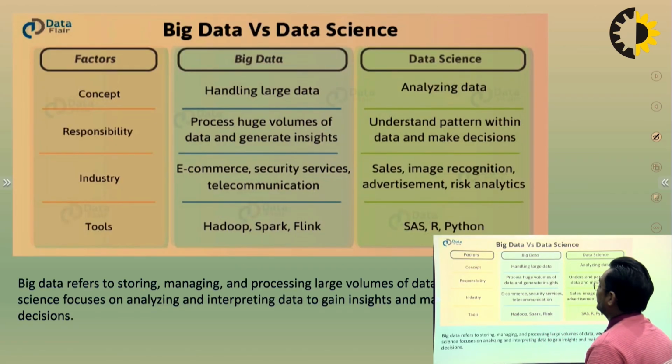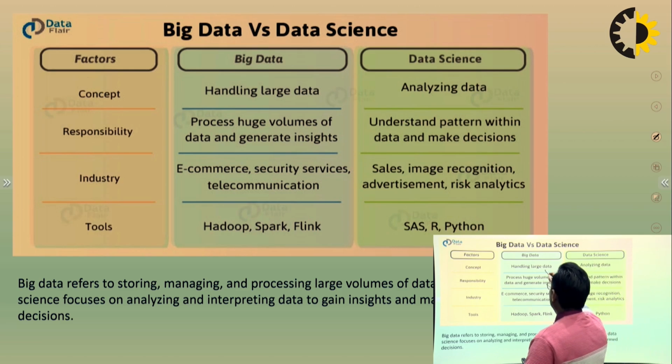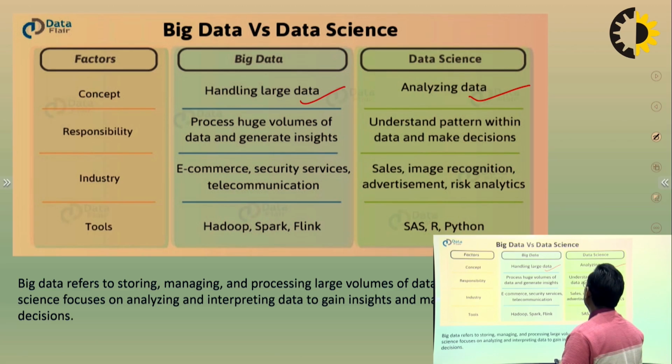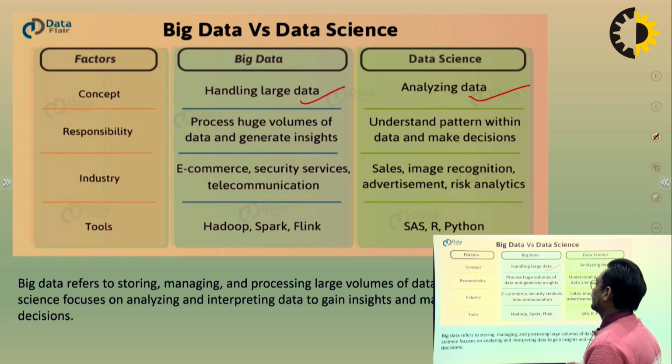Now, big data versus data science. Big data handles the large data, and data science analyzes the data. Big data processes huge volumes of data and generates insights.